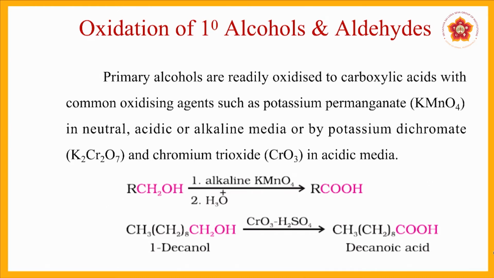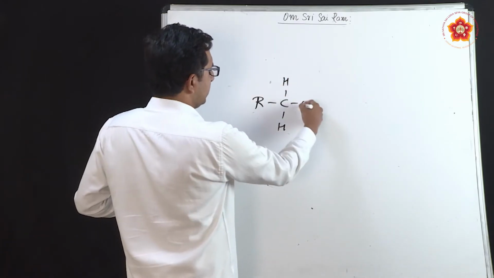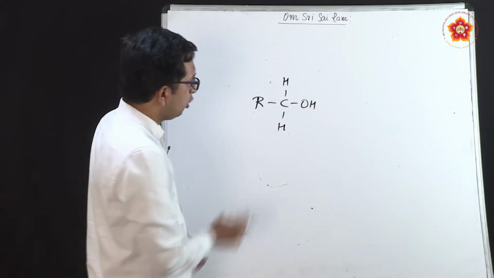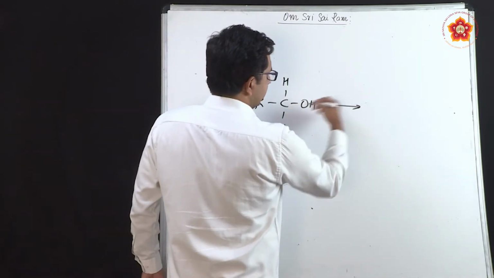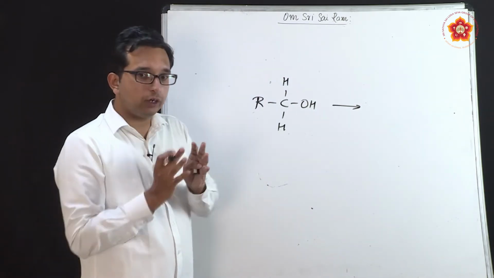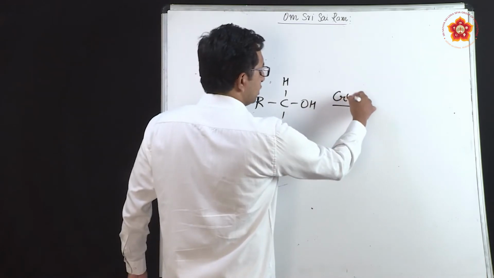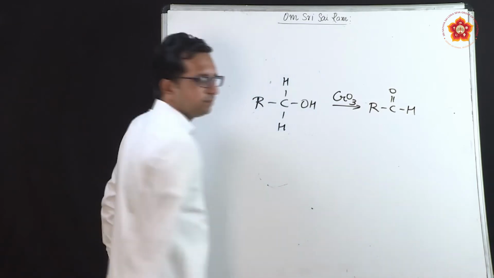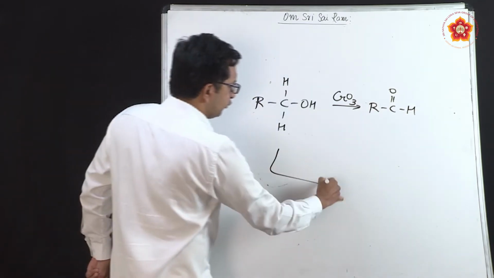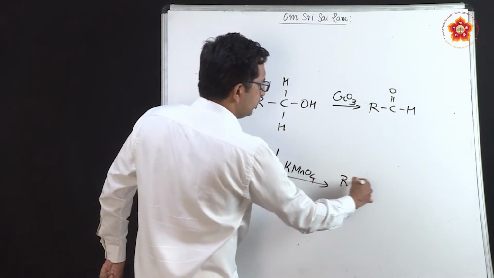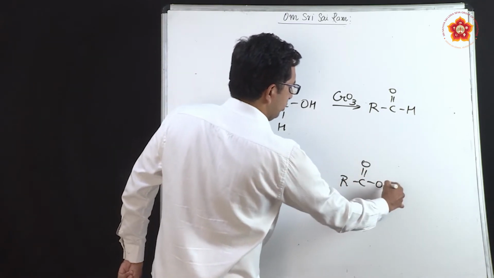So, when we take a primary alcohol, where the carbon containing OH has only one alkyl group, and we do oxidation with a weak or controlled oxidizing agent like CrO3, we can stop this reaction at aldehyde. But if you use a strong oxidizing agent like KMnO4, you will obtain COOH.